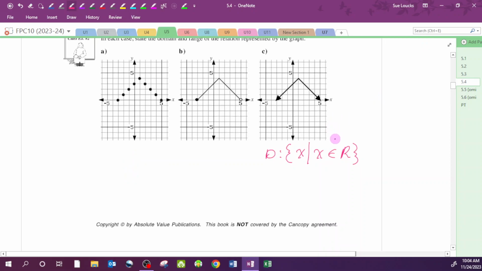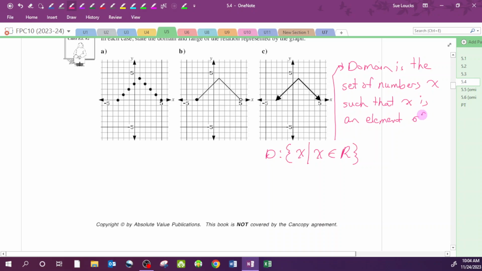So what does this read as? Domain is the set of numbers X such that X is an element of the real numbers. It's quite a mouthful, isn't it? Let me just do some highlighting here.